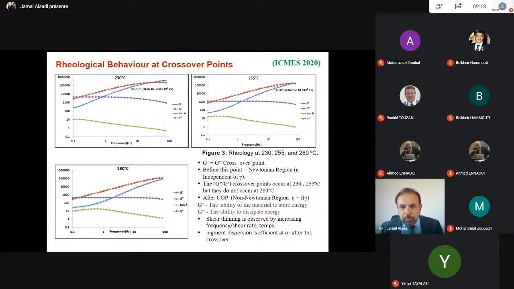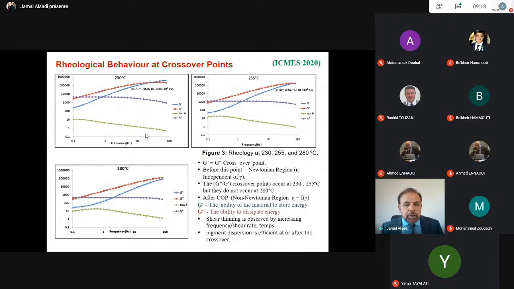At 255, we get almost the same result. We get the crossover point, but at 280 it is not showing the crossover point. Basically, when G prime equals G double prime, this is called the crossover point. Before it is a Newtonian region, and after that it is non-Newtonian, meaning it is correlated with the shear rate.